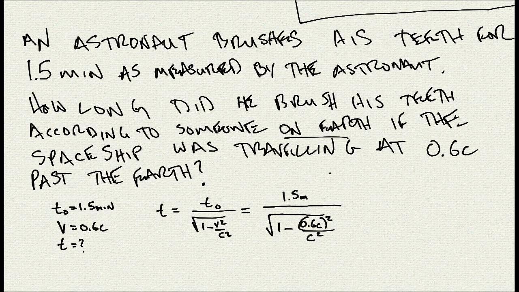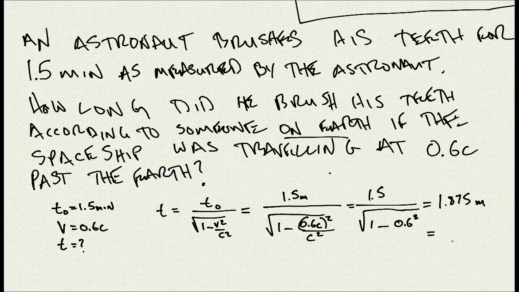So now I end up with 1.5 divided by the square root of 1 minus, and the c squareds cancel out, I'm left with 0.6 squared. Now if I get my calculator, that gives me 1.875 minutes, or if I multiply that by 60, I get 112.5 seconds, or if I wanted to round it to 3 sig figs, 113 seconds.